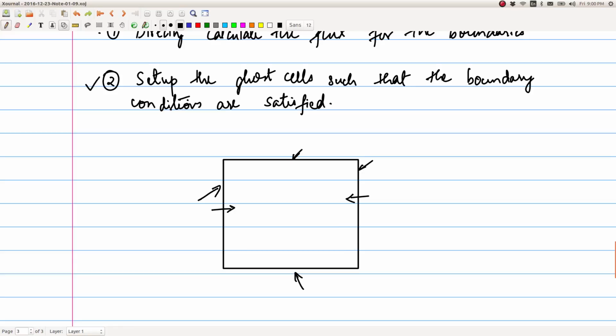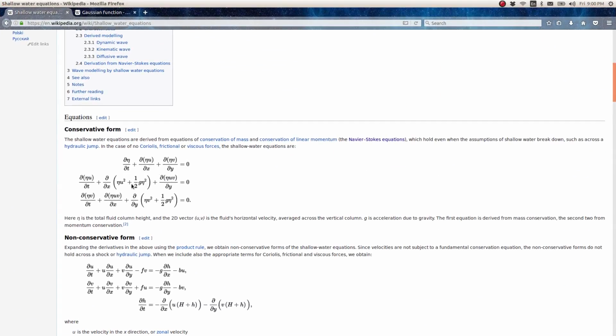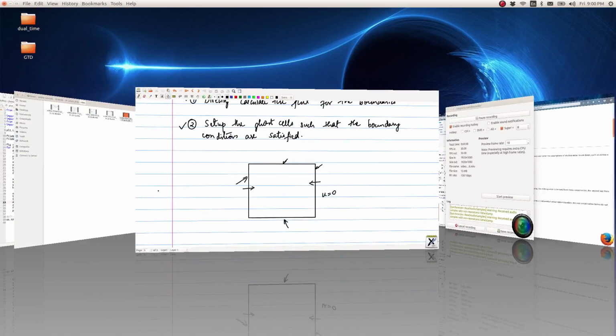So in such a case it is equivalent to saying that u is equal to 0. If you substitute u equal to 0 in this flux, then you will see that the first term will be 0, the term hu squared will be 0, and this particular term huv will also be 0. The only term which will remain in the flux vector is half g h squared.